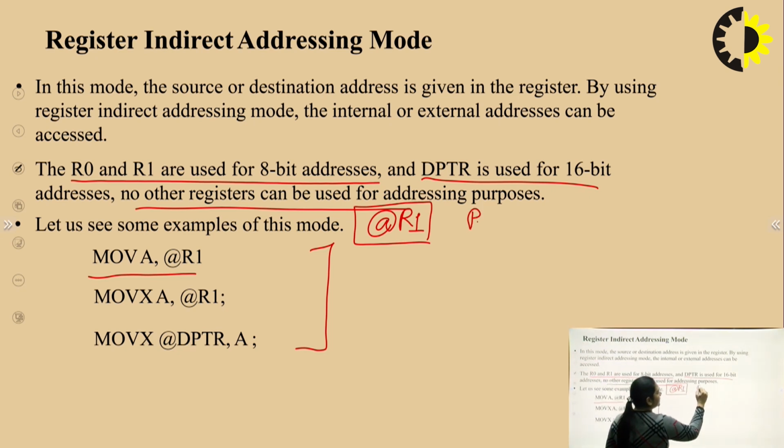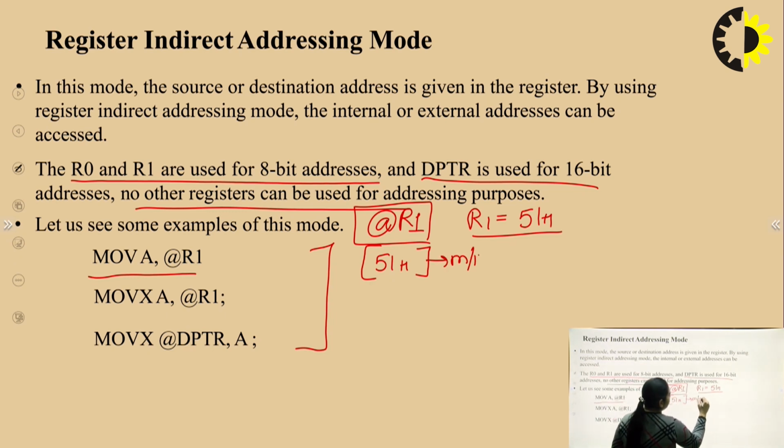Suppose R1 has the value 51H. So this is the data in R1. This 51H will be used as a memory location.